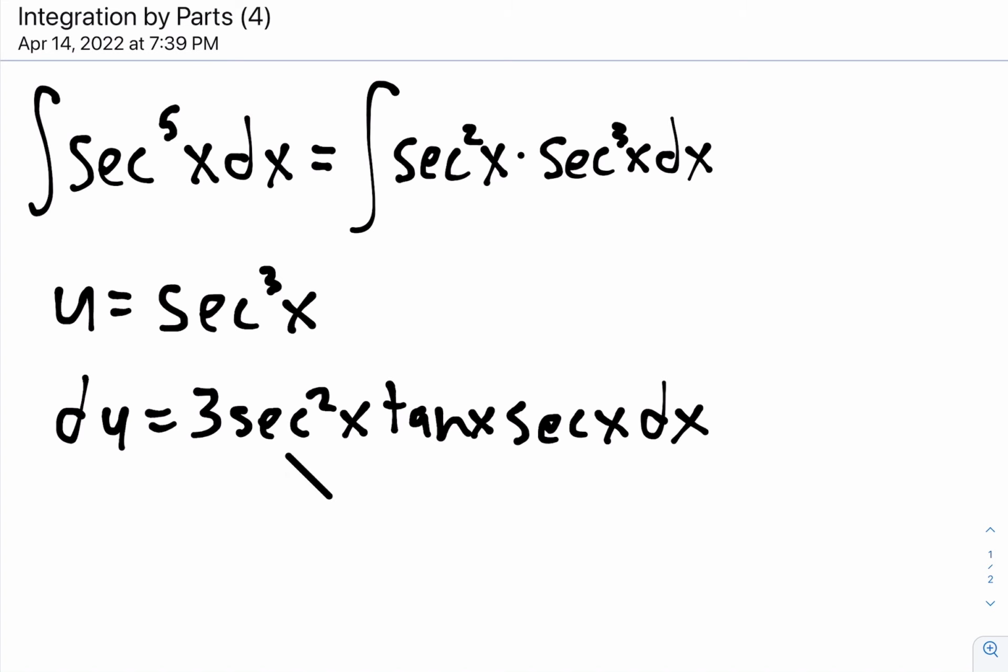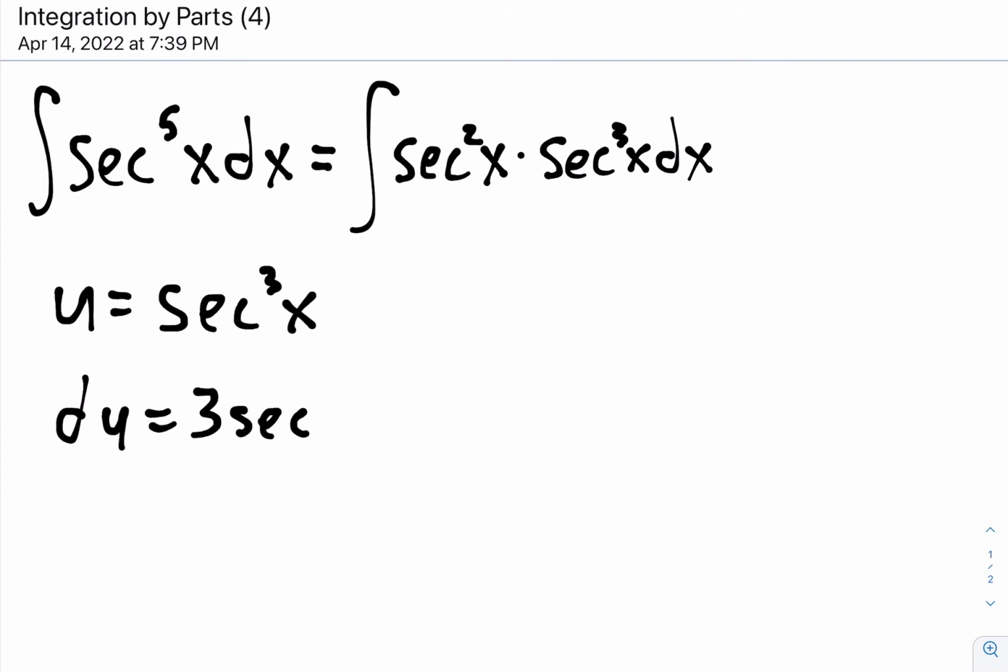We have secant squared and secant multiplying. So those two parts are going to become secant cubed, and we can simplify that a little bit. It's going to be 3 secant cubed x tan x dx.